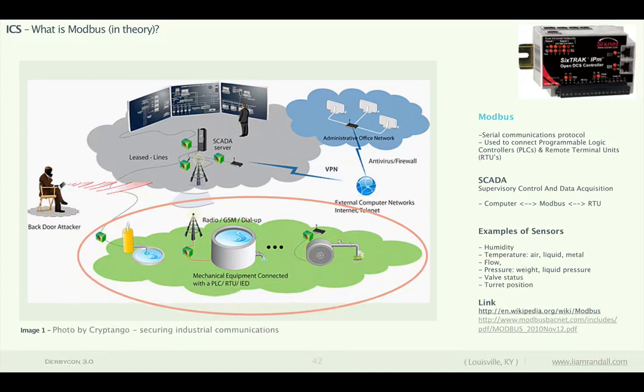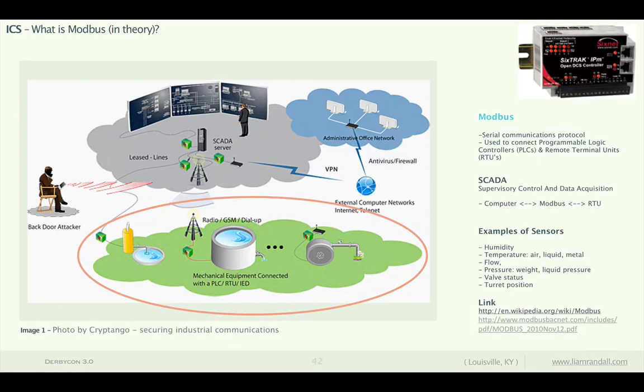Where you find these things are in big, expensive devices with long capital life cycles. So think power plants, water treatment plants, assembly lines, oil and transportation, maritime, military, fracking.